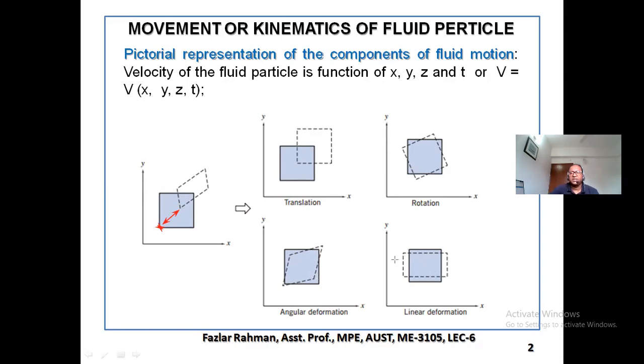That means one side becomes bigger than the other side, the length increases. So finally, it becomes this shape. Okay. So when a fluid particle travels in the fluid stream, there might be rotation, there might be translation, there might be angular deformation, and also there might be linear deformation.